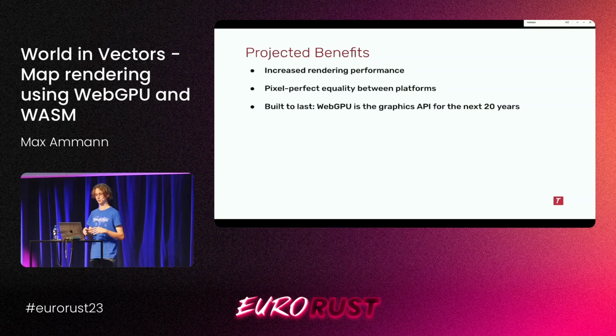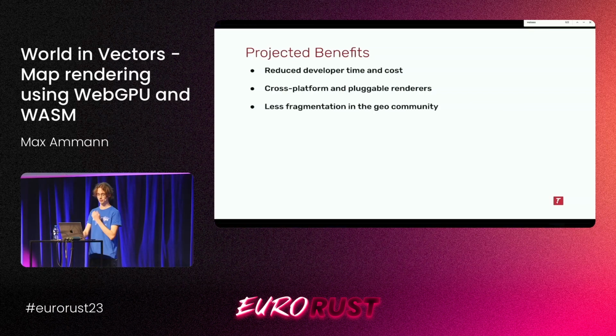In my opinion, this whole tech stack is also really built to last. WebGPU will define the whole graphics API space for the next 20 years at least, and it is built on mature foundations. I already mentioned that you save a lot of time and a lot of cost, because you don't need to write the same features twice.